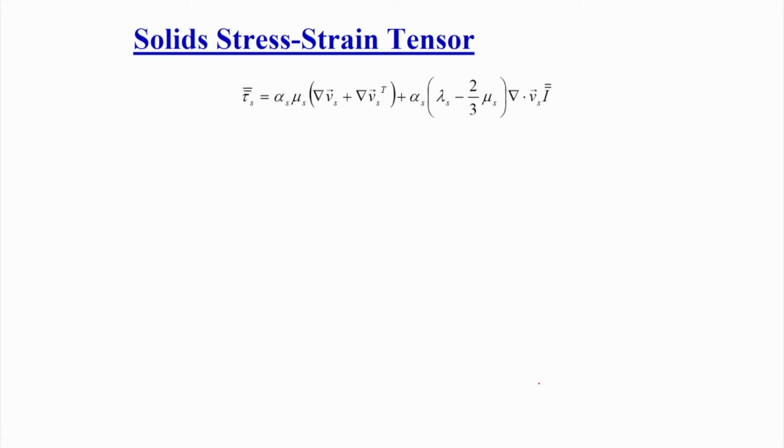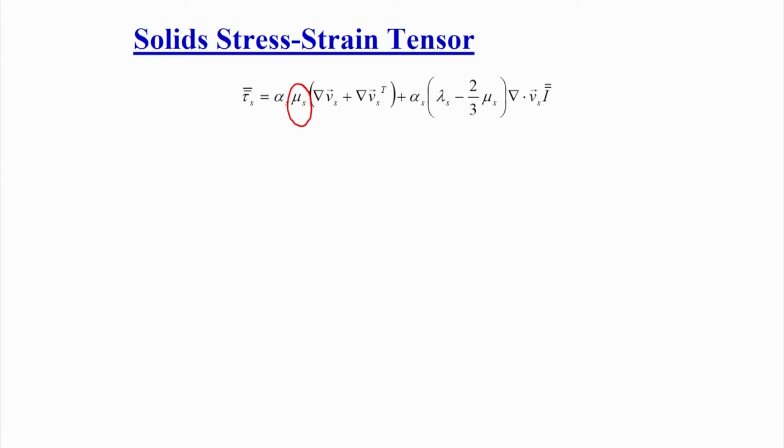Now, the problem starts once you go for the solid stress tensor term. We define the solid stress tensor term exactly the same way as the fluid stress tensor term. The only problem is that now you have a mu s, and that is going to create a problem, because solid, as I said, ideally has no viscosity, or you can say an infinite viscosity.